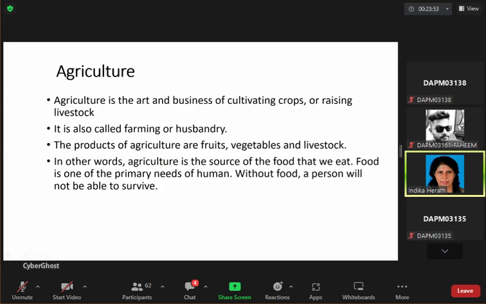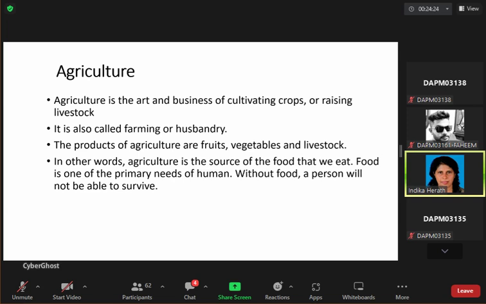When it comes to agriculture, I prefer that people think of agriculture as an art, because when you think about what we can do with agriculture, having crops and rearing animals, we can do many things. So it is considered to be an art and a business, because it's not only about our consumption, we want to get an income out of it.